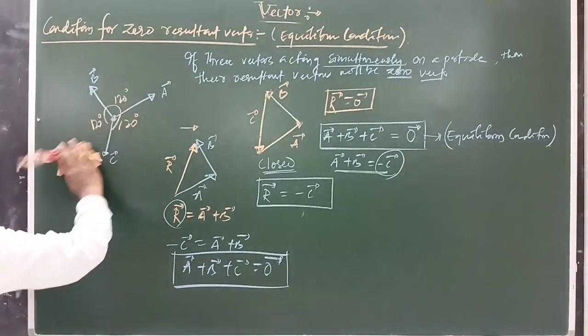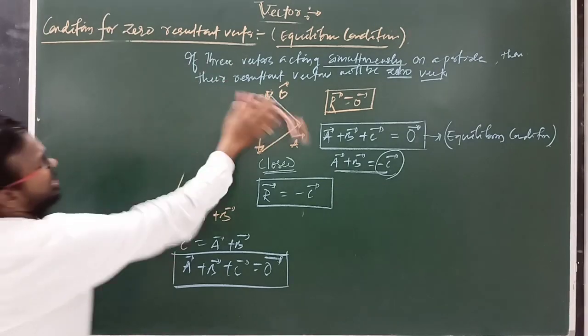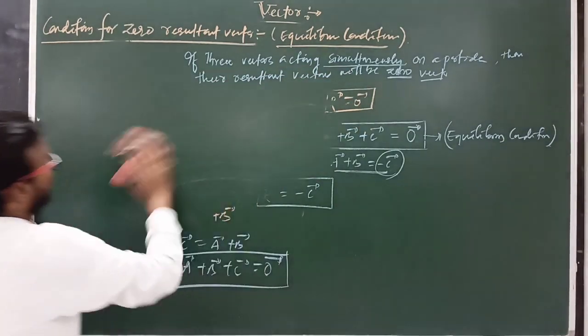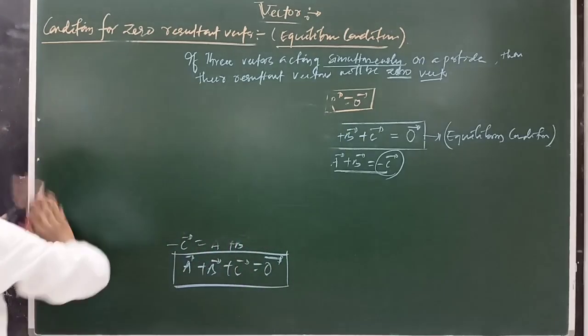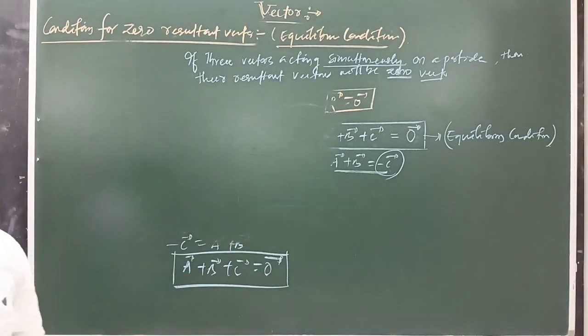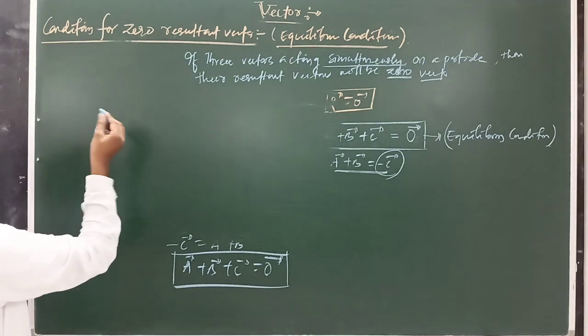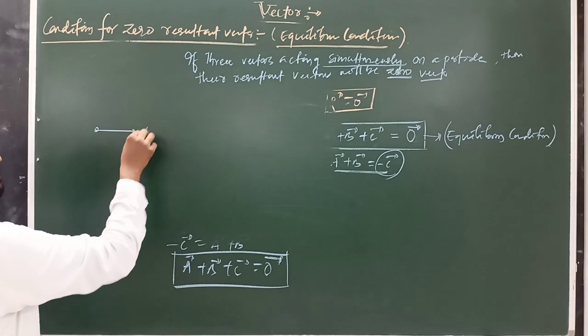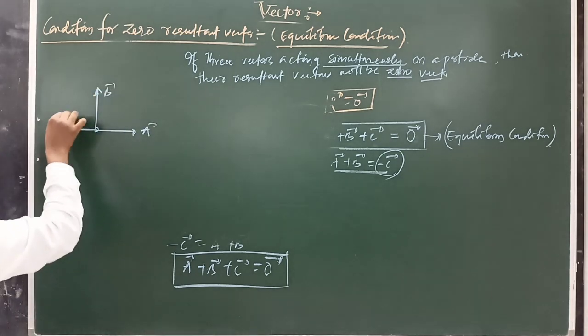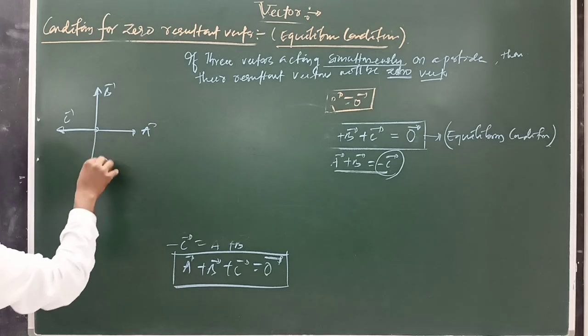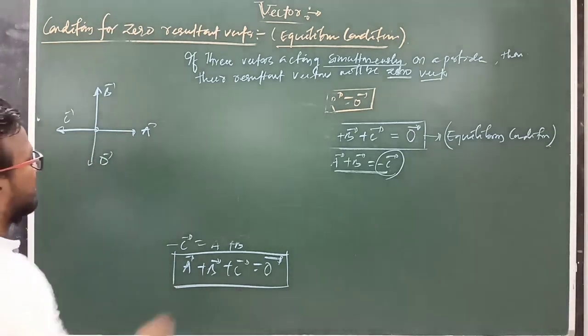Clear? Okay. Suppose 4 vectors are acting on a particle simultaneously. For 4 vectors, which represent a closed polygon, you can take a particle with 4 vectors acting simultaneously: vector A, another vector B, another vector C, and another vector D. Find the resultant vector here.